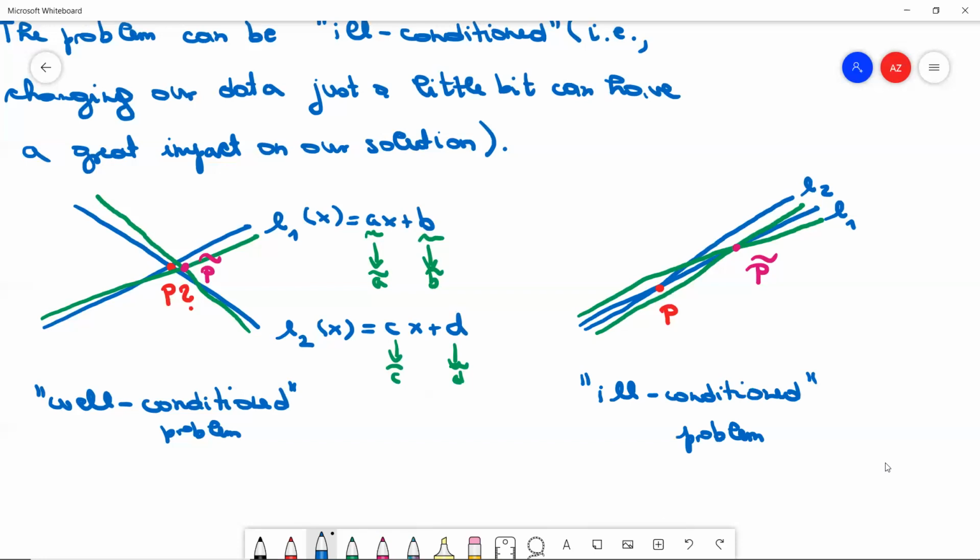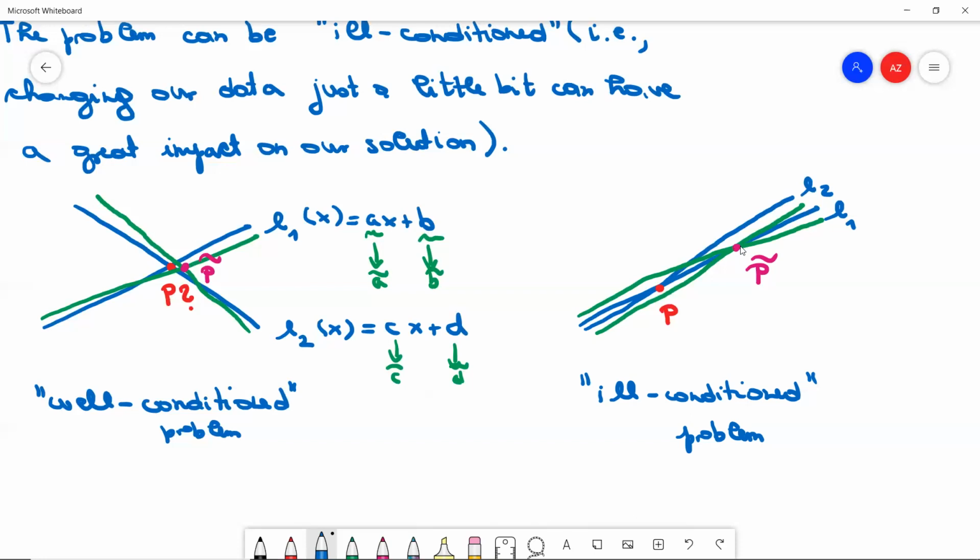And if we are dealing with an ill-conditioned problem, then whatever method we use, we cannot get a more precise solution than this P tilde. Already because of the mistakes in the data, we make a lot of error, and then we also make a numerical error or a mathematical error, and this P tilde will be even farther away.